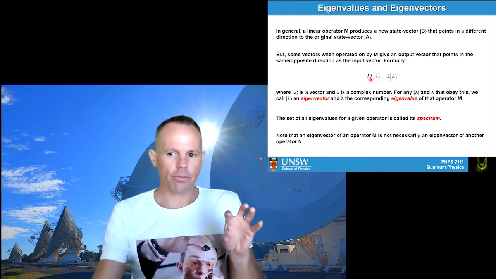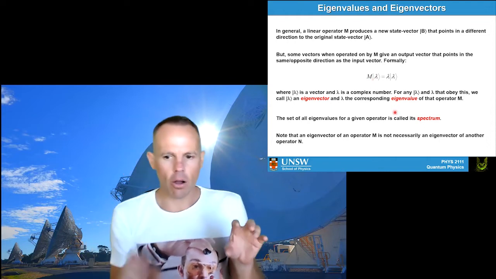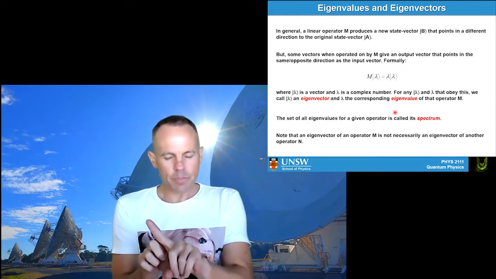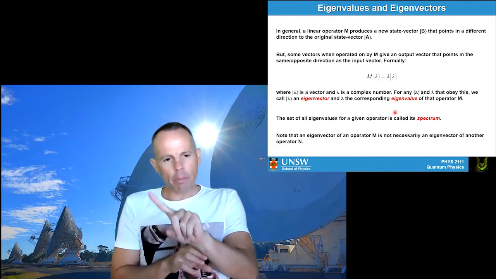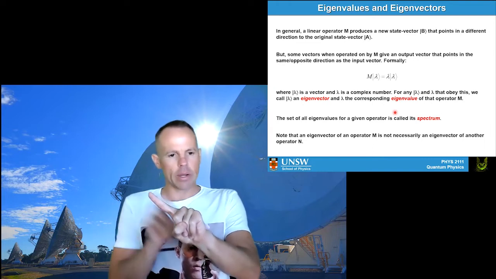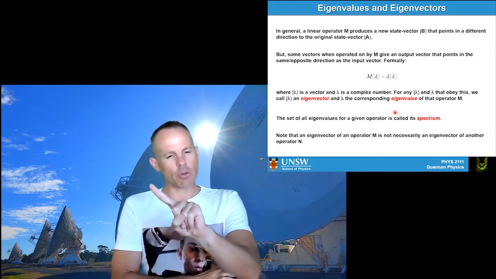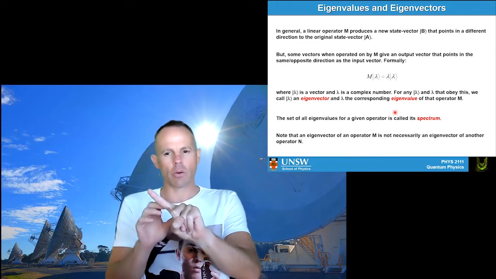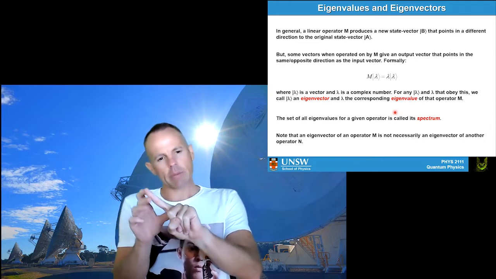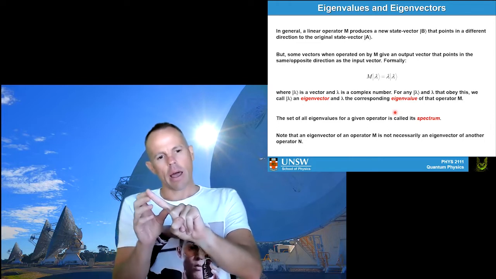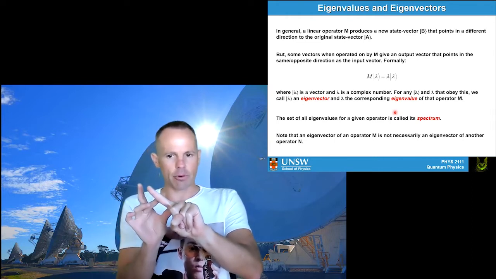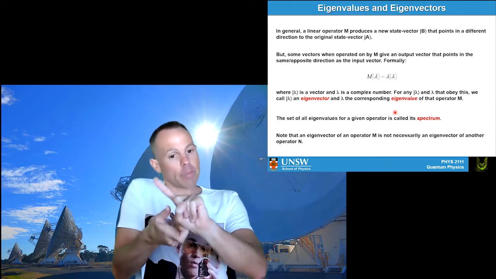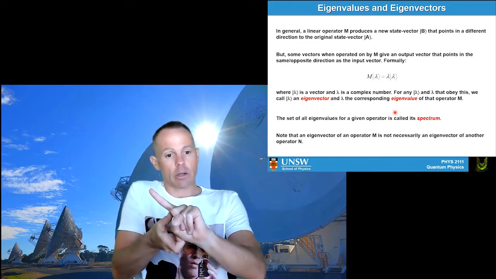The geometric meaning I often take away from this is that the matrix operating on that vector keeps it pointing in the same direction, if you think about it in real space for a second, so imagine that lambda is real. It either makes it longer by lambda or shorter if lambda is less than 1, or if lambda is negative, it points it in the other direction.